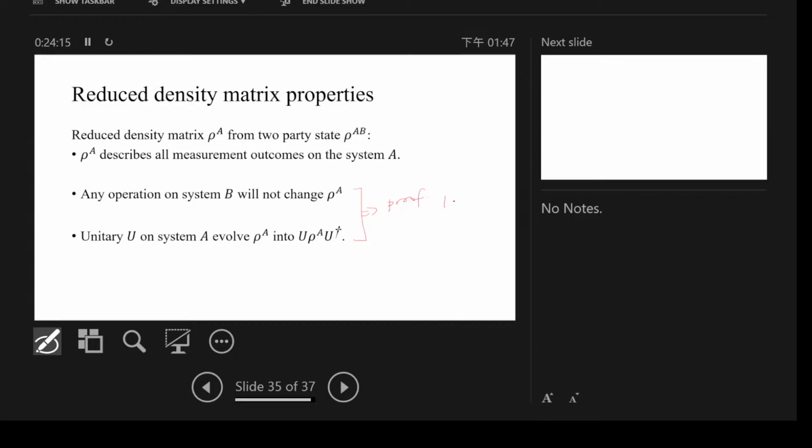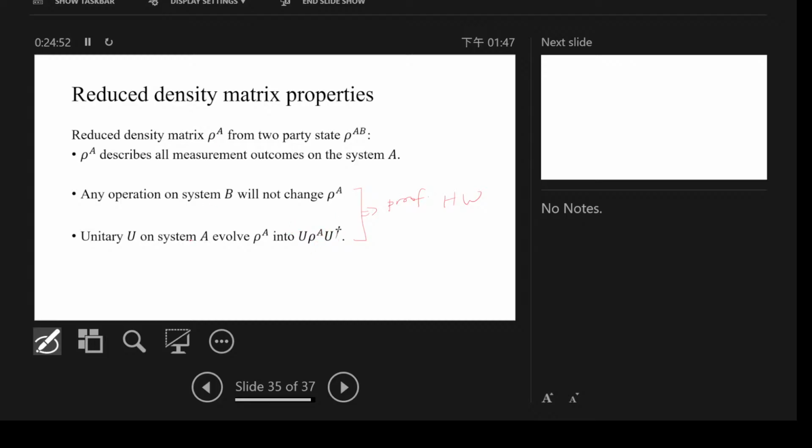And the second property is that any operation you do on system B will not change this rho A. Then the third one is you can also track what you do on system A with this reduced density matrix rho A. If you do a unitary U on system A on this state rho AB, it will evolve this reduced density matrix rho A to U rho A U dagger.